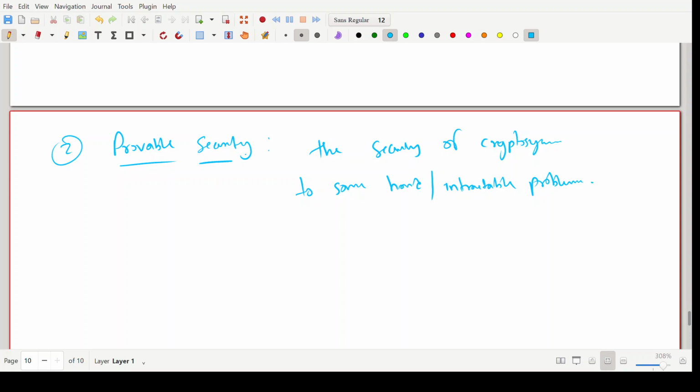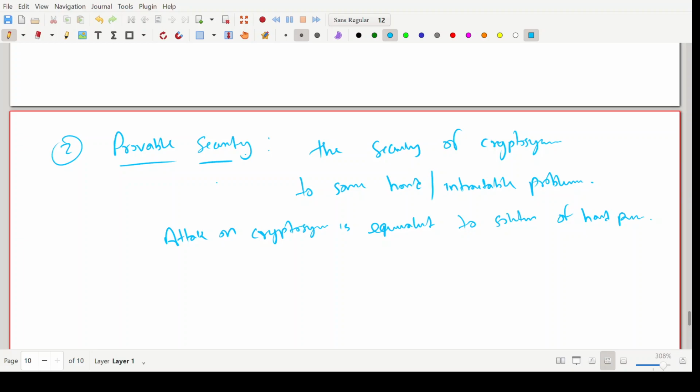We rely on the fact that an attack on the crypto system will be equivalent to the solution of a hard problem, which has not been solved yet in a permissible time frame.